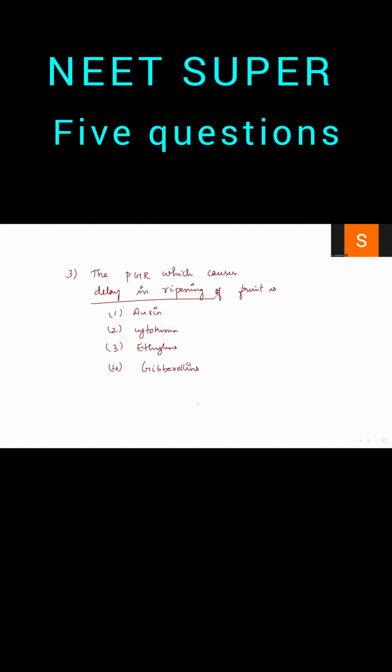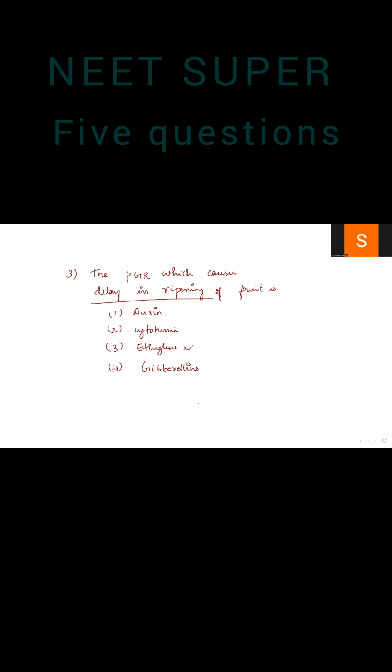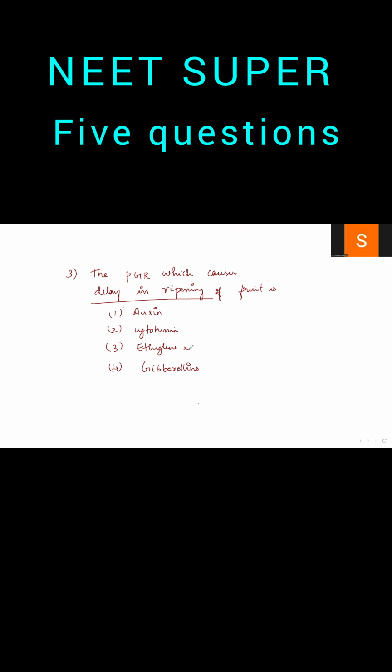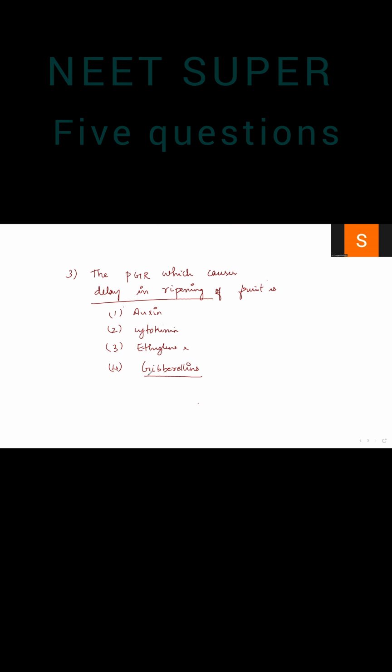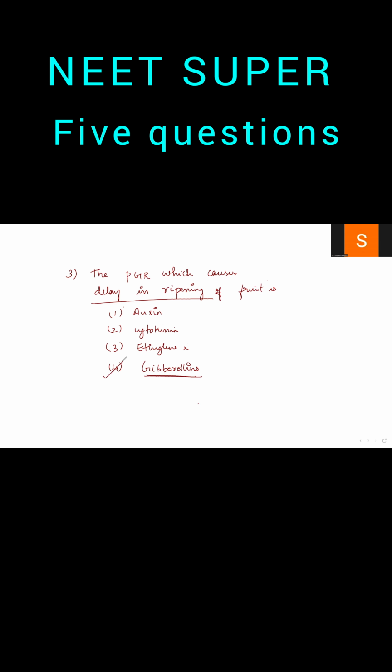So delay in ripening. The one that promotes ripening is ethylene, right? So for delay in ripening, obviously ethylene will not come. Here the gibberellin is the correct answer.